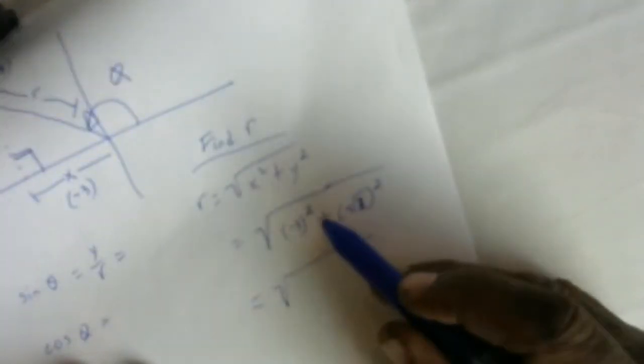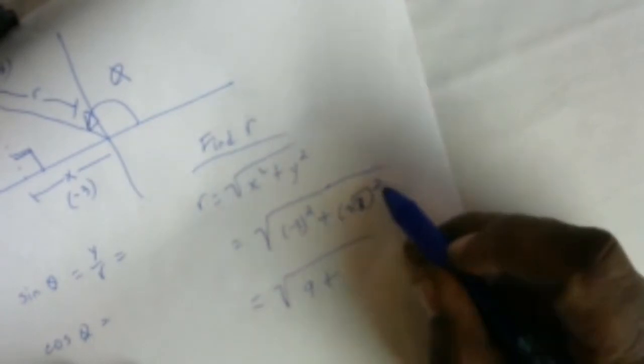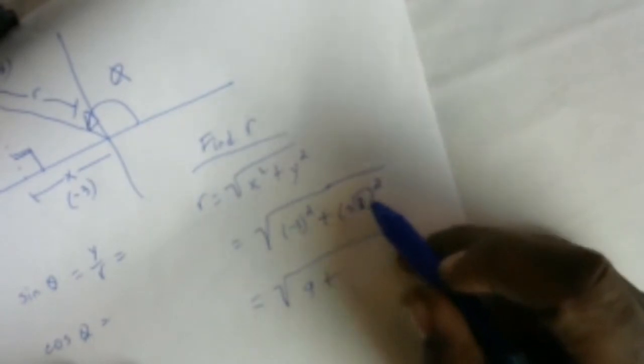This is still under the square root. So -3 squared, a negative times a negative is a positive, 3 times 3 is 9. Plus the square root and the square are going to cancel, so the square root of 3 times the square root of 3 gives me 3. 9 plus 3 is 12.